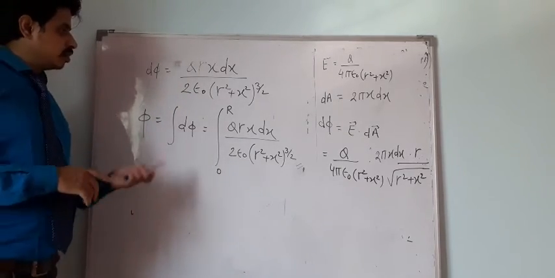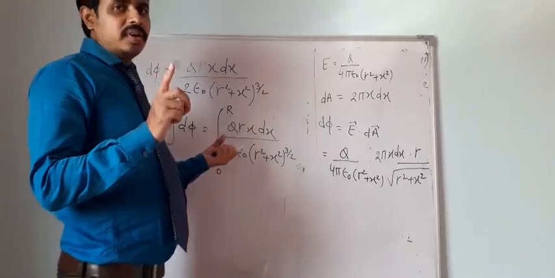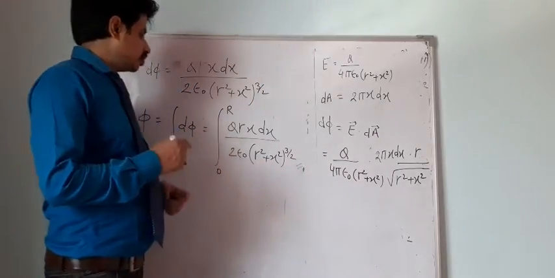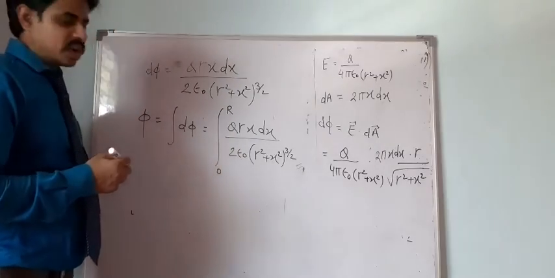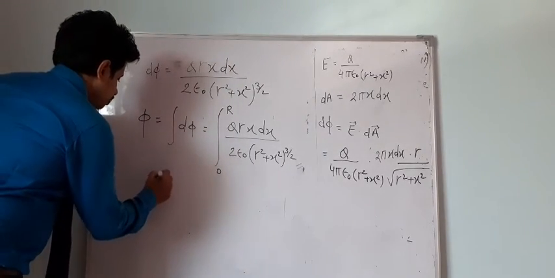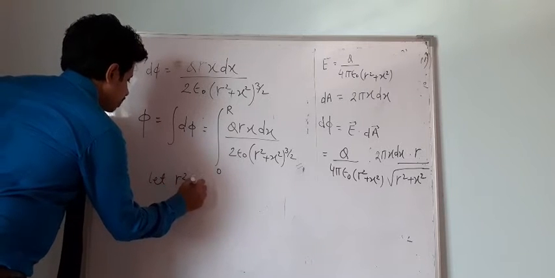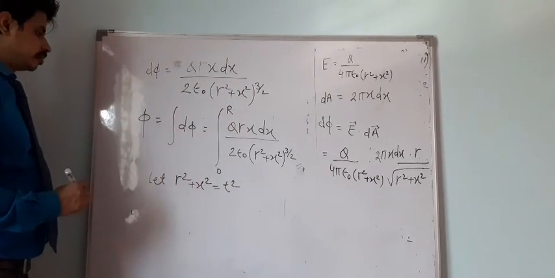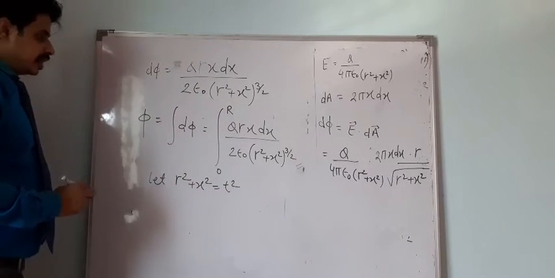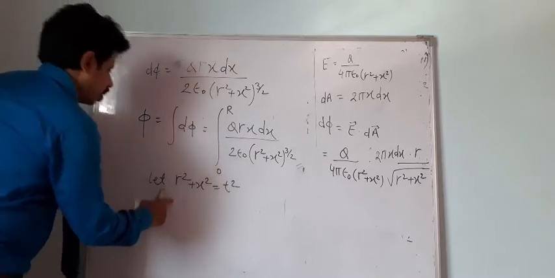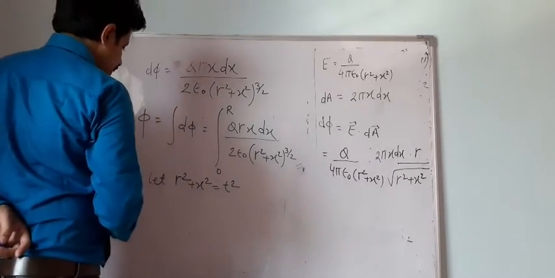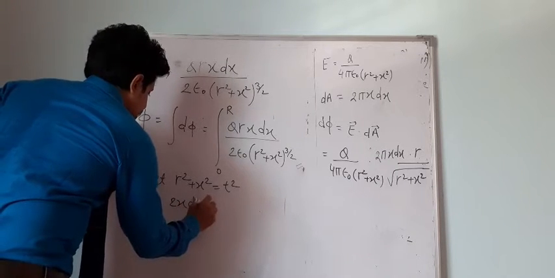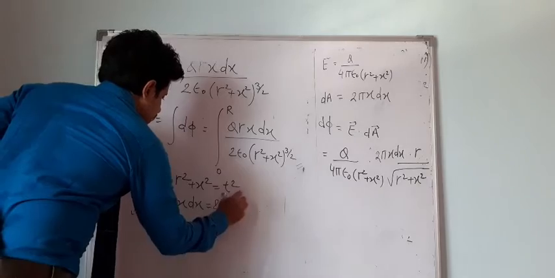To solve this integration, I will use the method of substitution. Let r square plus x square equal t square. Differentiating both sides, what we will get? r is a constant, so it is 0. 2x dx is equal to 2t dt.